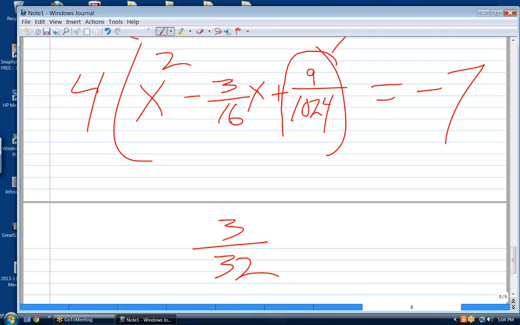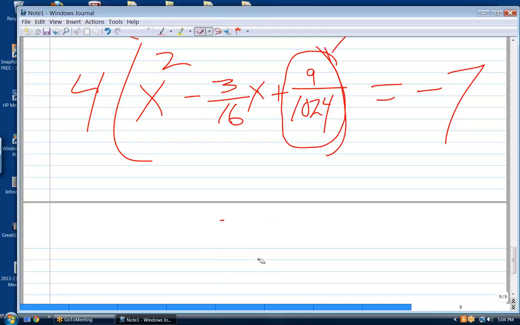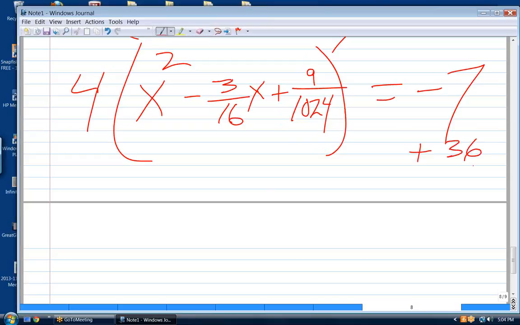Now, since I wrote that in on the left side of the equation, what do I have to do to the right side of the equation to balance it out? Add 9 over 1024. Times 4. Don't forget that part. That's the part that's really easy to forget. So I want to add 36 over 1024 to the right side.